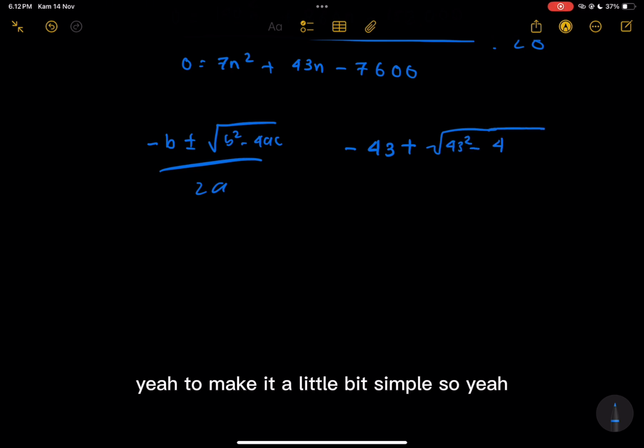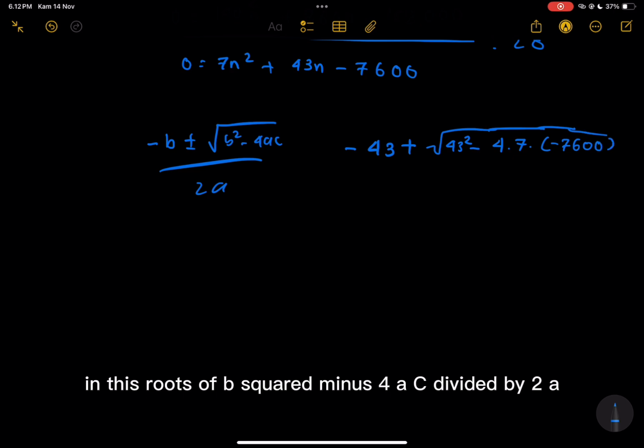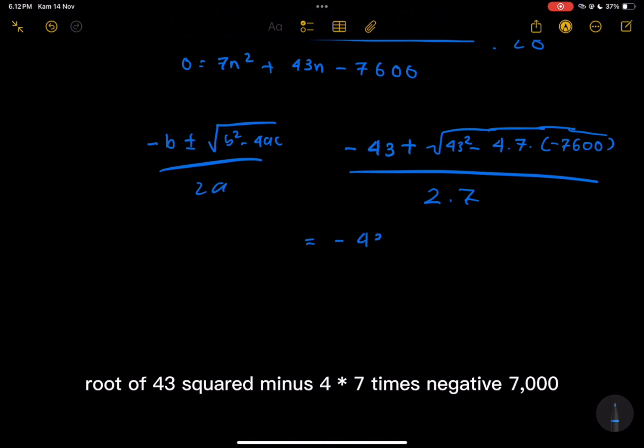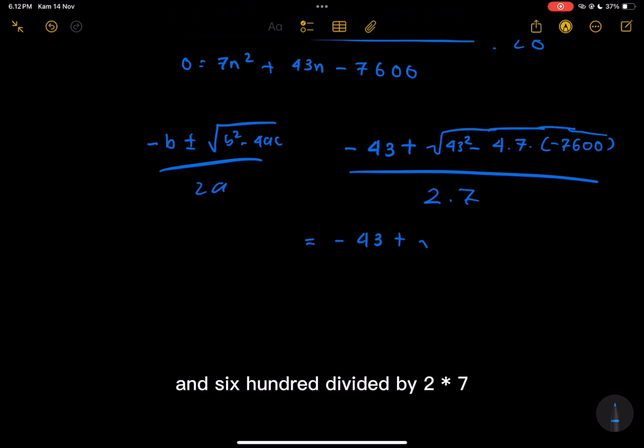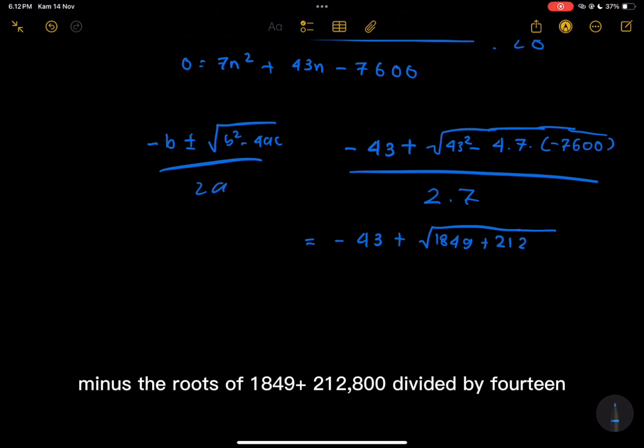And we already know that the quadratic formula is minus b plus or minus the root of b squared minus 4ac, divided by 2a. So we just put in there minus 43 plus or minus the root of 43 squared minus 4 times 7 times negative 7,600, divided by 2 times 7, which is equal to negative 43 plus or minus the root of 1,849 plus 212,800, divided by 14.